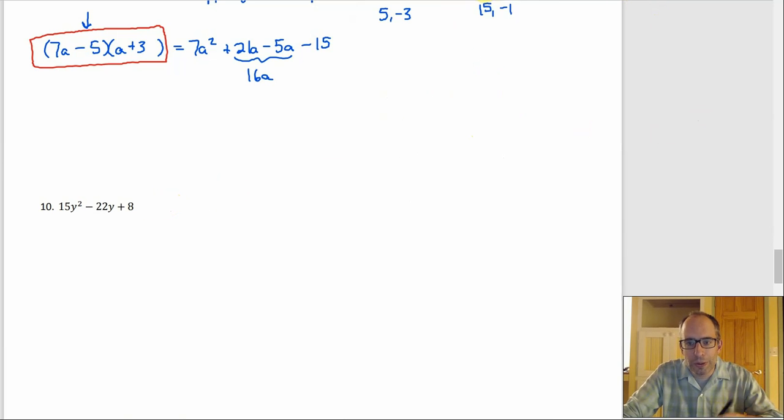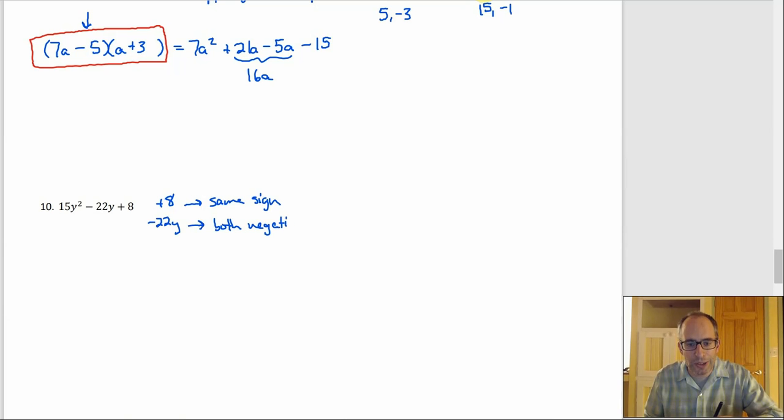All right, so we have the plus 8, which means you have to have the same sign, but then in order to get that negative 22, if they're the same sign, they both have to be negative. So that still works. If they have the same sign, you still get that extra piece from the middle term, even though you don't have a coefficient of 1 on the y squared.